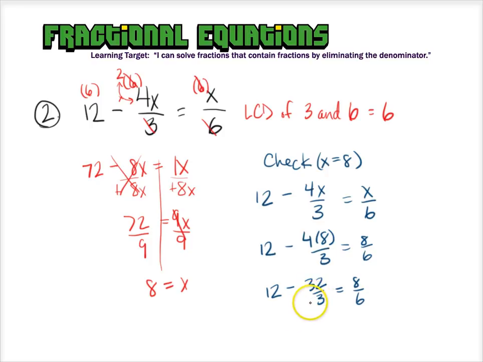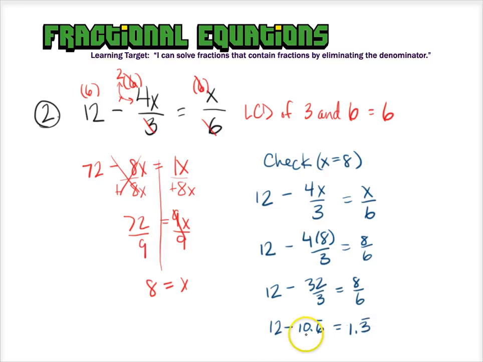And instead of having a fraction on both sides that are the same, we're hoping to get a decimal on both sides that's the same. Right, so it's 12 minus, and then 32 over 3 is the same as 10.6 repeat. And then 8 over 6 is the same as 1.3 repeat.